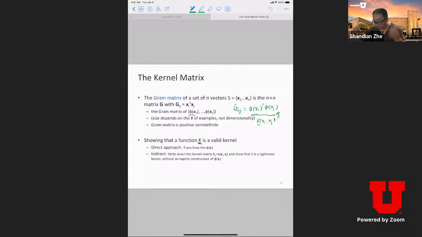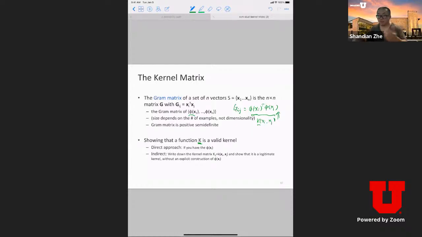But if we use k to calculate such a matrix, we shouldn't call it a Gram matrix. We call it a kernel matrix. Why? Because right now we have not yet shown that k is a valid kernel. If k is a valid kernel, the matrix is a valid Gram matrix, because k corresponds to some phi.